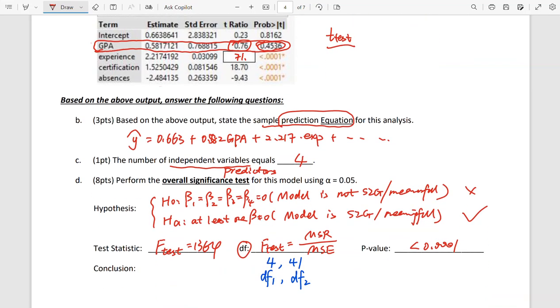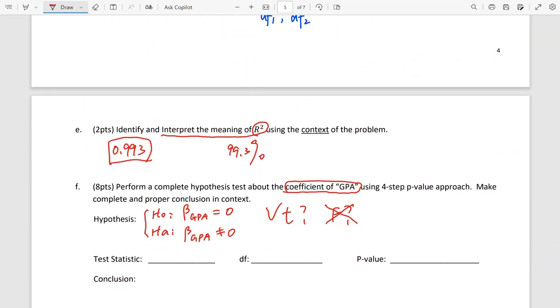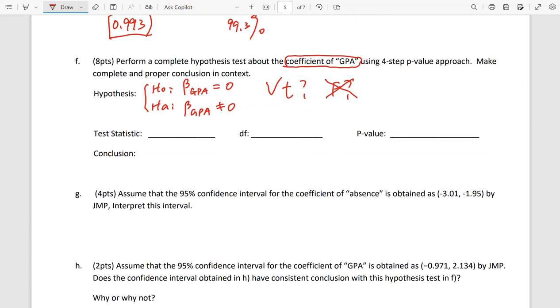Then what is your conclusion? Your p-value is super large, right? We fail to reject the null hypothesis. That means the GPA is not significant. But remember, this is in the multiple regression.